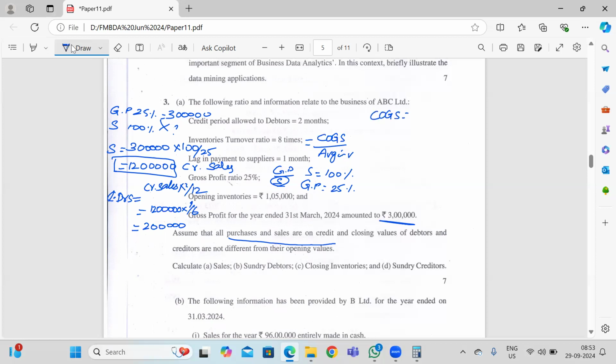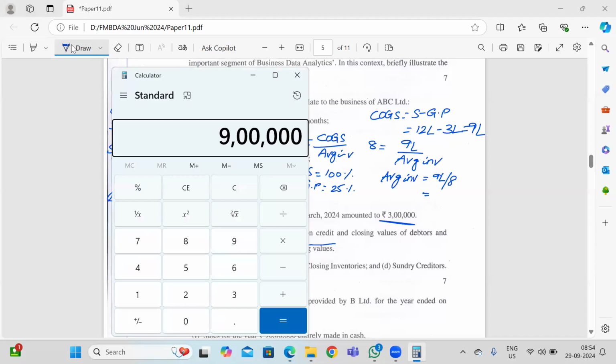Cost of goods sold is equal to sales minus gross profit, that is 12 lakhs minus 3 lakhs, so I get 9 lakhs as cost of goods sold. Inventory turnover ratio is 8 times, which is equal to 9 lakhs divided by average inventory. So my average inventory will be 9 lakhs divided by 8, which is 1,12,500.